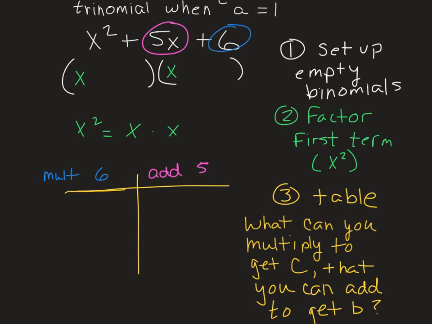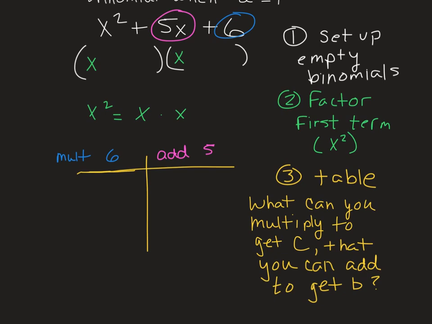So what can you multiply to get 6 that you can also add together to get 5? I'm going to figure out what numbers I can multiply to get a positive 6. Well, I can multiply 1 times 6. I can multiply 2 times 3, and that's it, because those are the only factors of 6. Can any of those add to get 5?